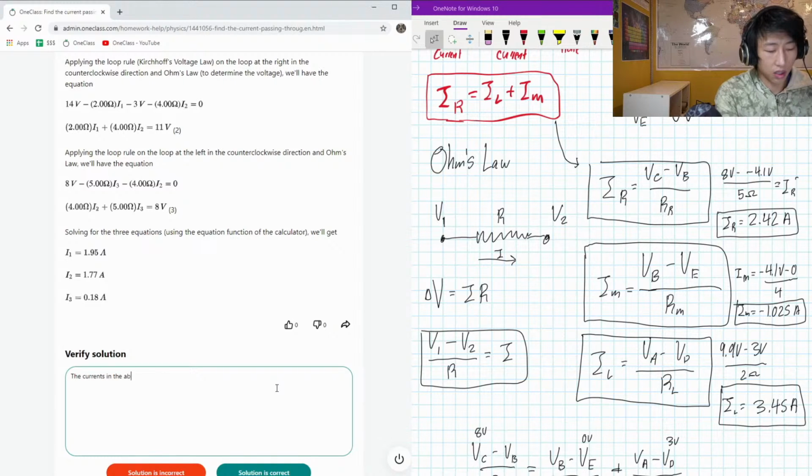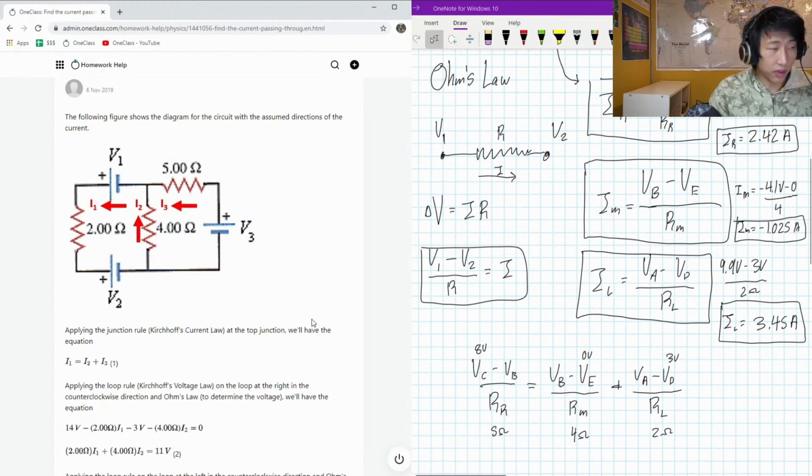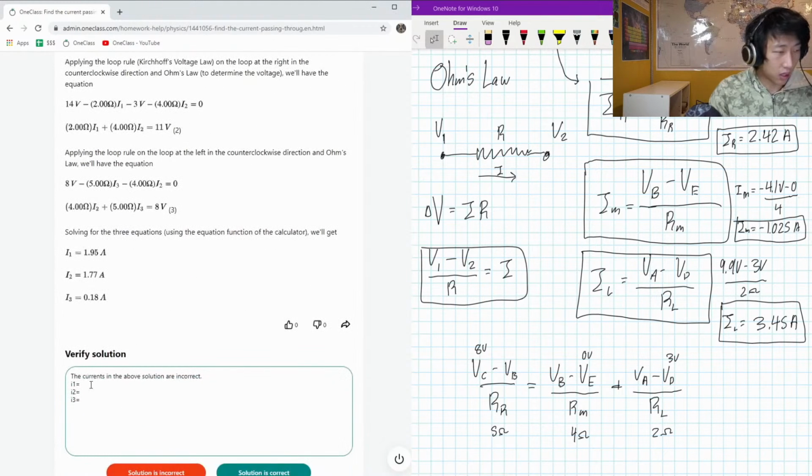Currents in the solution are incorrect. I1 is corresponding to my IL, so that's 3.45 left.